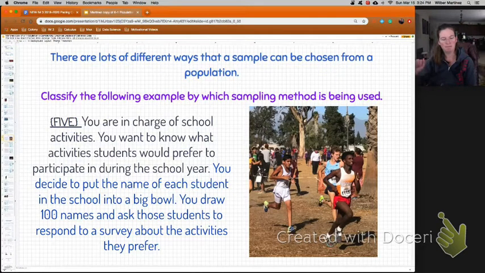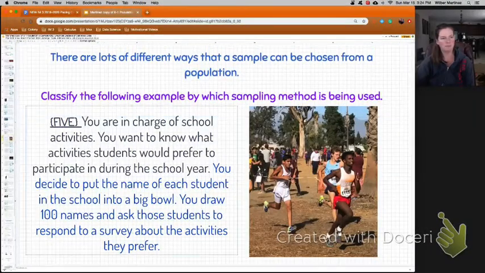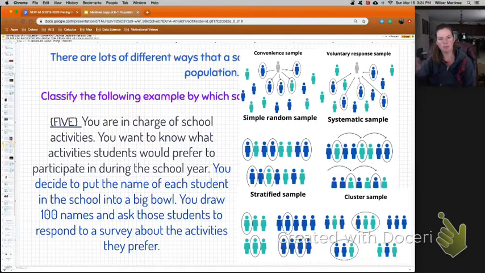Same scenario again. It says you decide to put the name of each student in the school into a big bowl, and you draw 100 names and ask those students to respond to a survey about the activities they prefer. So here's a picture of all the different types of sampling. This one is the one where you're looking at every single student in the entire school and you're randomly choosing names from every single student.